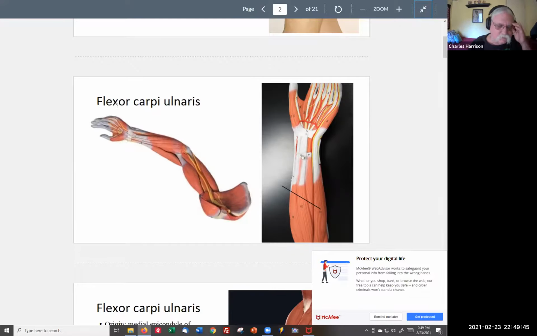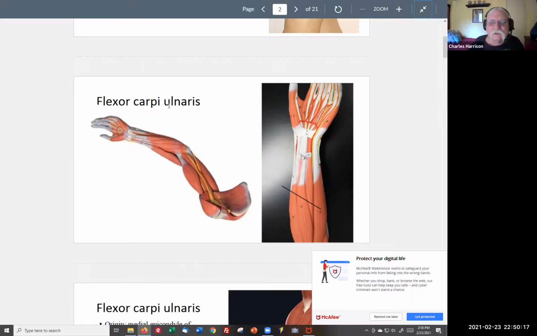So if you hold your hand out in front of you with your palm up, and you draw your fingers into a fist, you're flexing. If you take your whole hand and raise it up towards your head, you're flexing. So we're at a muscle here that's the flexor carpi ulnaris.